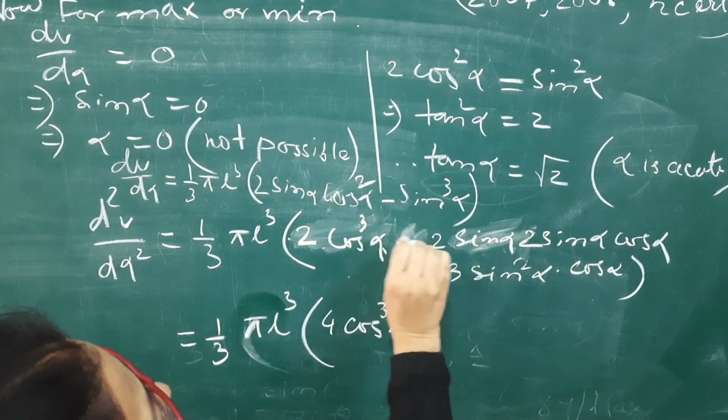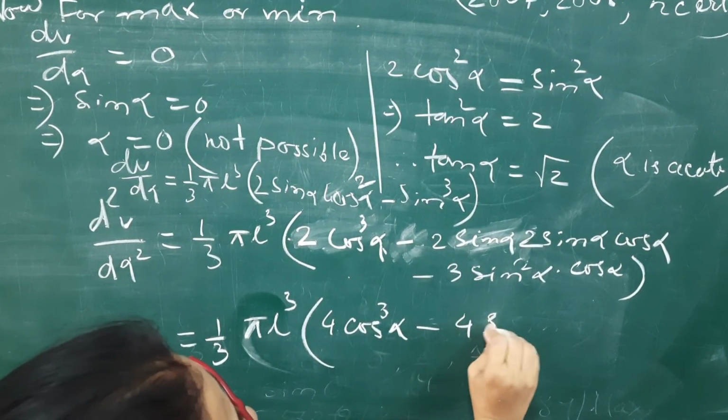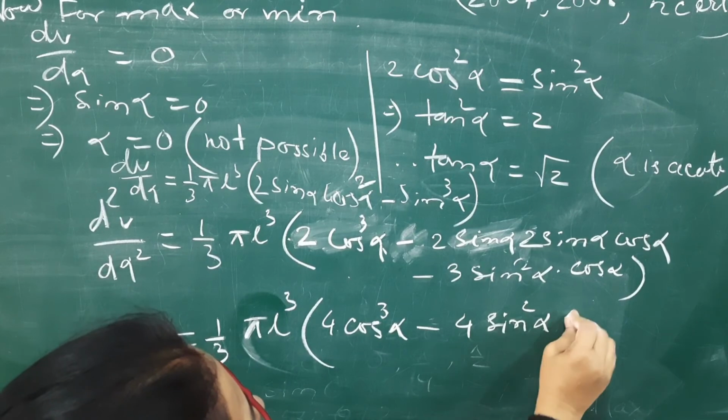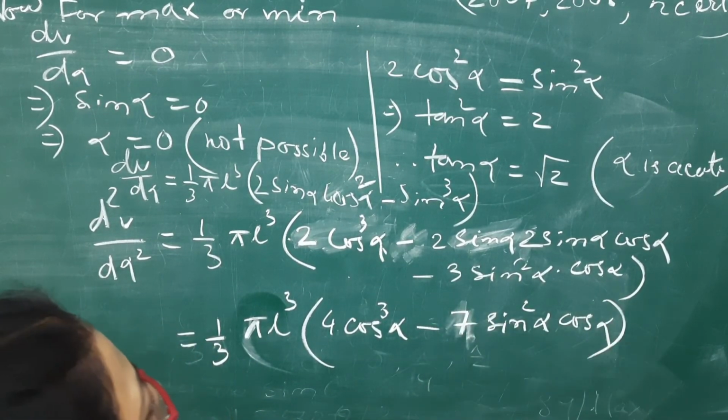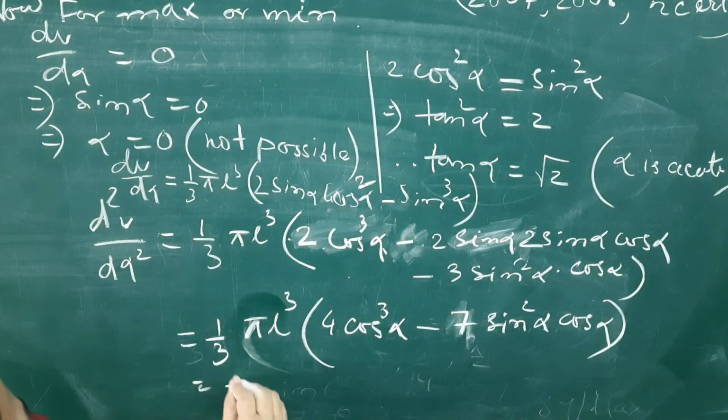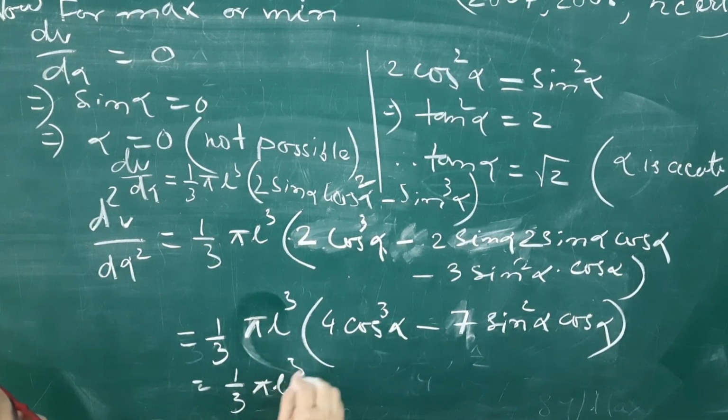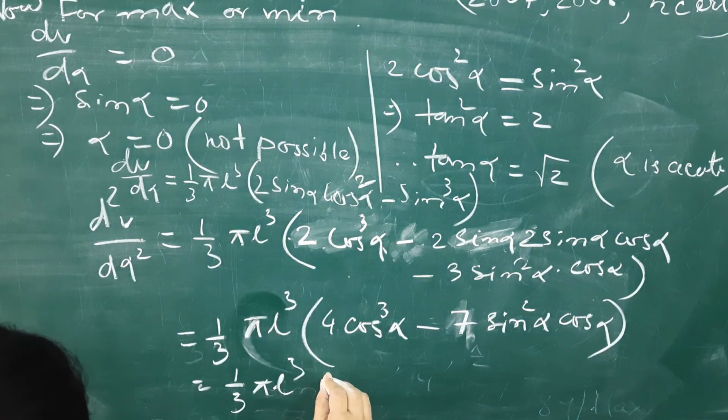So there minus sign will be there. So minus 4 sine square alpha cos alpha, and this minus 3. So directly I am writing minus 7. And these 1/3 pi l cube and cos cube alpha is plus.